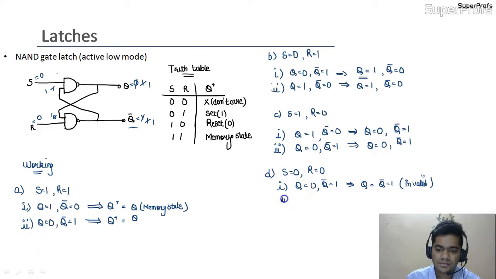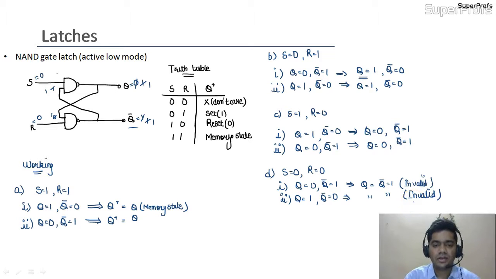Okay, suppose we have assumed that Q was 1 and Q bar was 0. So if we put these 2 points also, we are getting the same result, that is invalid state. Okay. So for the 4 input combinations, we have understood why we have written this kind of truth table. And what is the working of NAND gate latch?